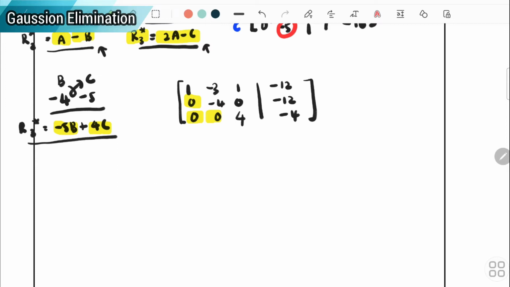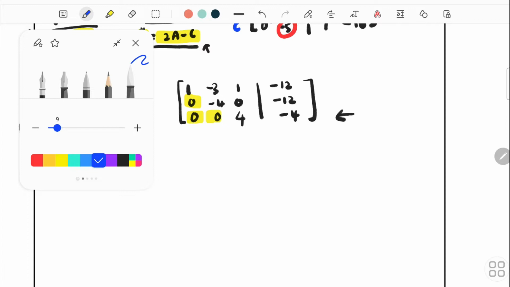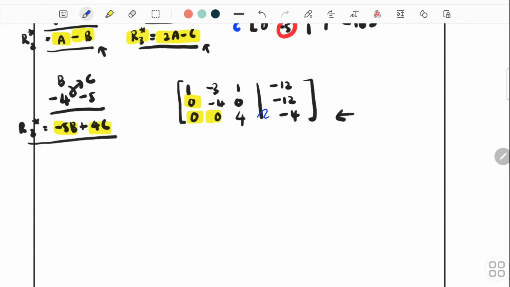We are going to start with the last row. When we convert the last row into equation form, the 4 is actually the multiplier of the last variable. This is for x, this is for y, this is for z.